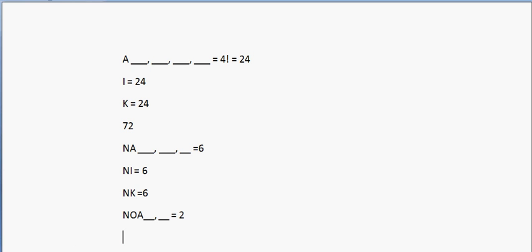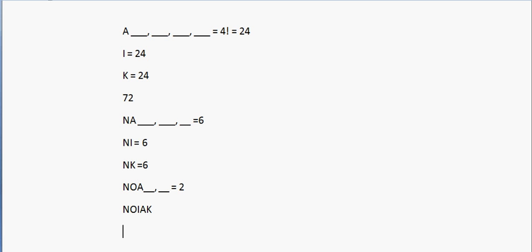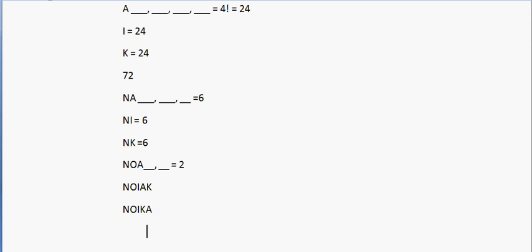Then we have NOI, then the word would be AK, and then it would be NOIKA. So this means we have 72 here, plus 6 plus 6 plus 6, 18 here, which is 90 plus 2, 92. This is the 93rd word and this is the 94th word. So according to the dictionary, Nokia would be placed at 94th position.